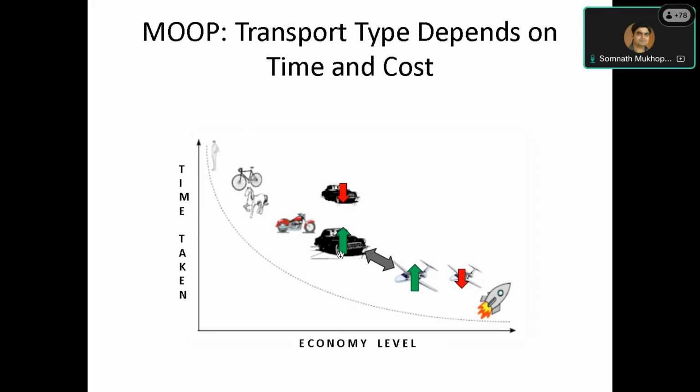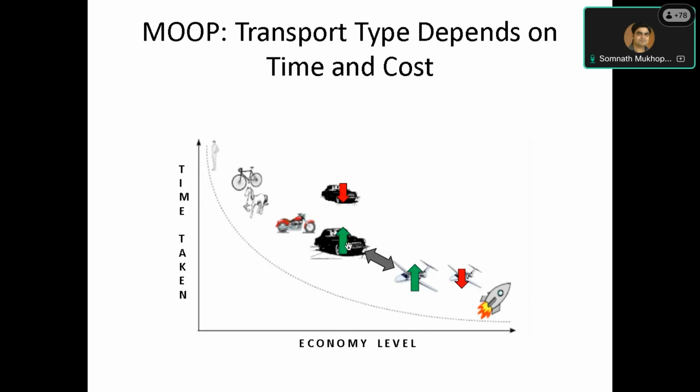When two solutions have the same value for a particular fitness function, then we can compare. If we consider these two cars, they have the same economy level, but one car is taking higher time. So in that case, we can see with this green arrow that this car is a better solution compared to this.